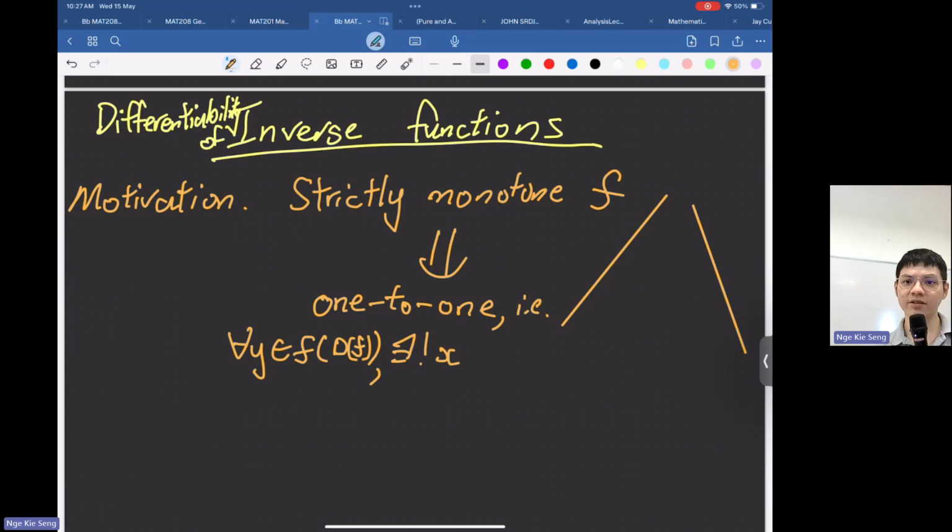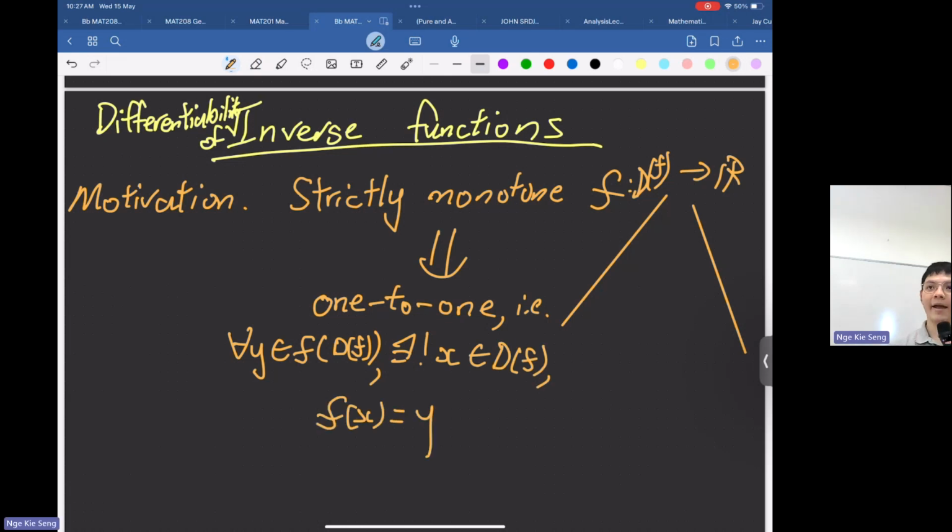Let's say this inverse function is from where to where? Let's fix from some interval to R. Okay, let's call it D_f only, the domain of f. So there exists a unique x such that f(x) equals y.